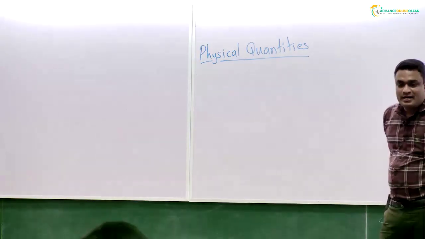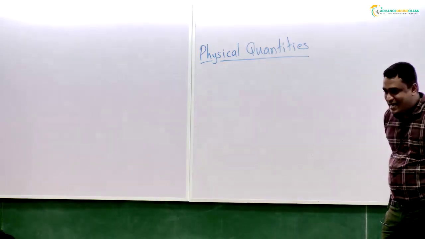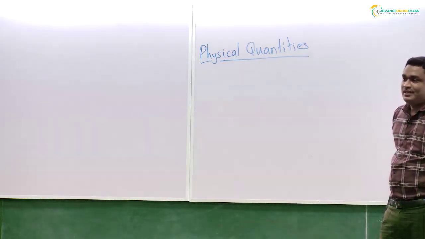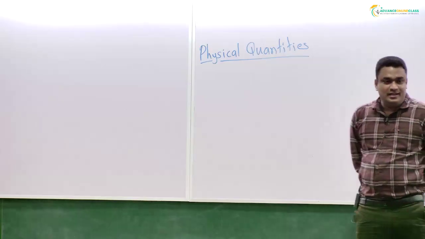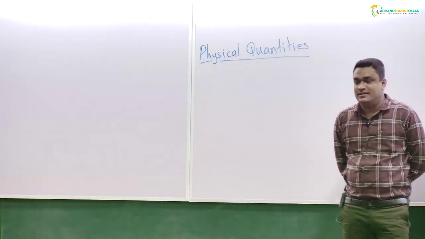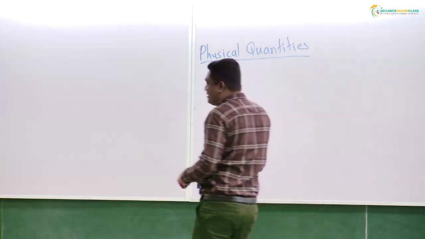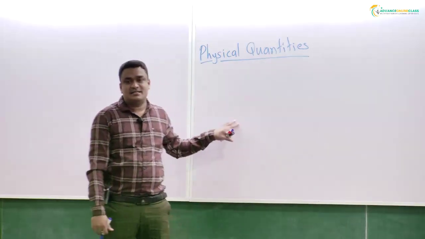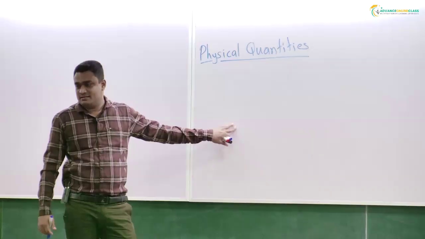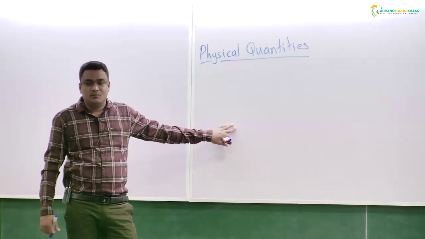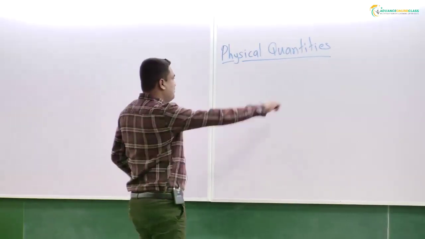What is a physical quantity? If you can measure something directly or indirectly, it's a physical quantity. In simple words, physical quantities are the measurable things. What are the best examples?